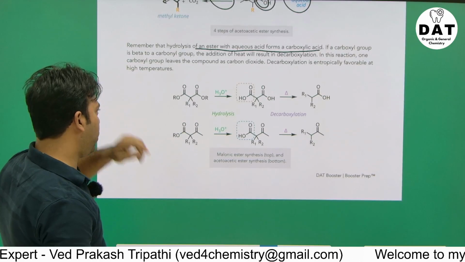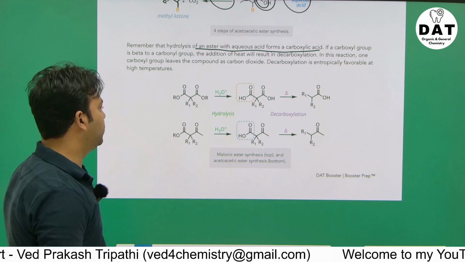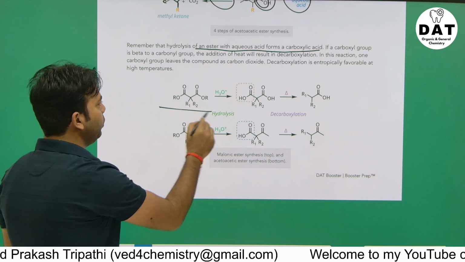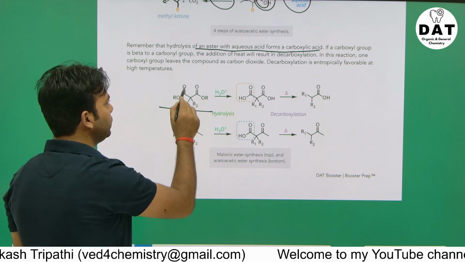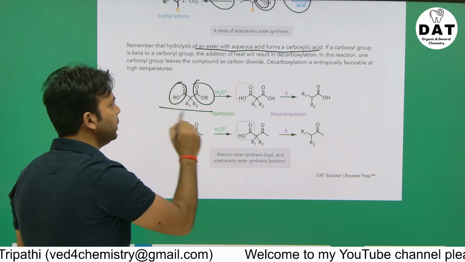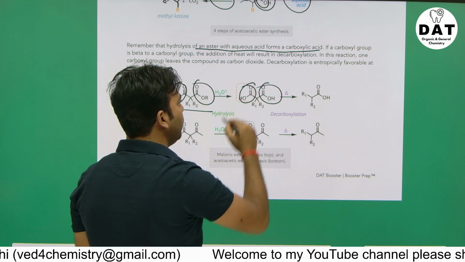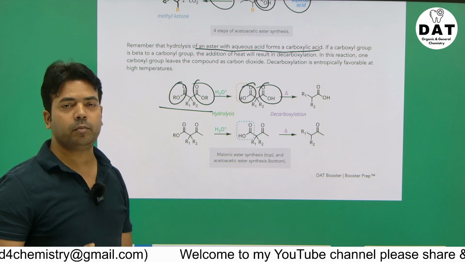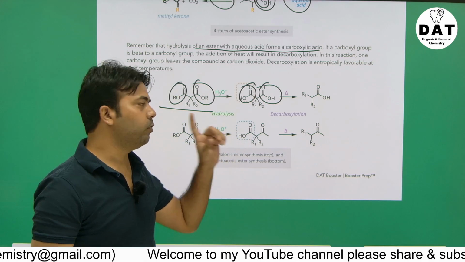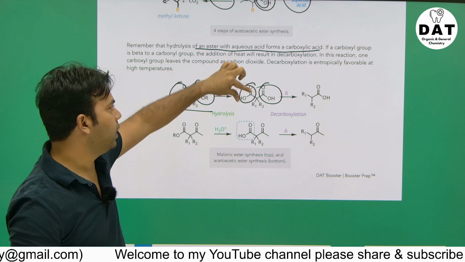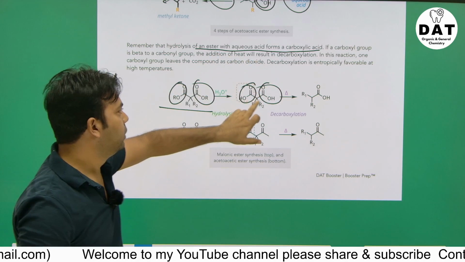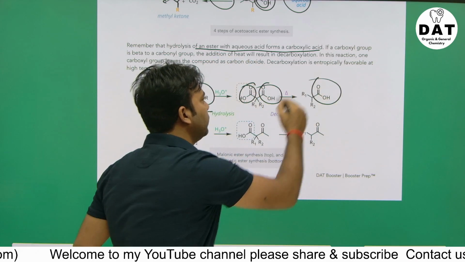Here we have 2 important points. Let me explain this. This one is a malonic ester, and once you hydrolyze this, both esters become acids, you can see. And once you heat this, one CO2 molecule is removed, and we can remove either left or right, it doesn't matter. So you still have a carboxylic acid here.